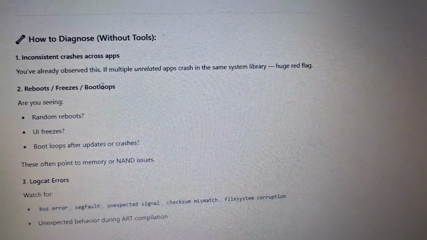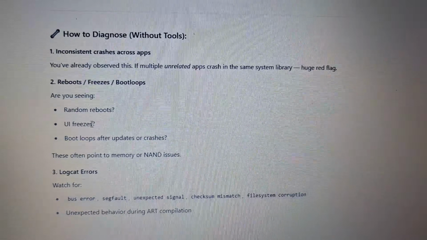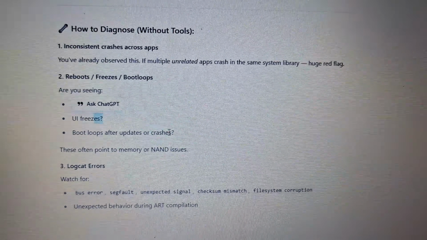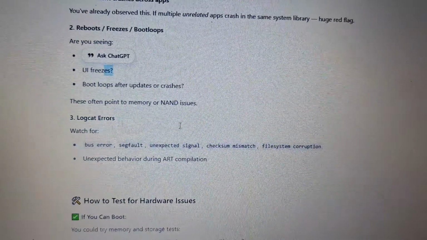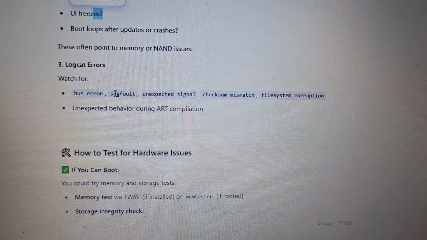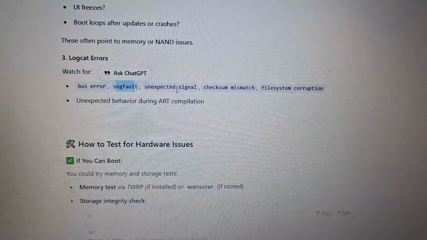Boot freezes, boot loops. Yep, I have them. Yep, the UI freezes several times on this phone actually. Boot loops after updates or crashes. Yep, with Lineage OS, that has happened. Bus error, seg fault. I've had that before. Unexpected signal.